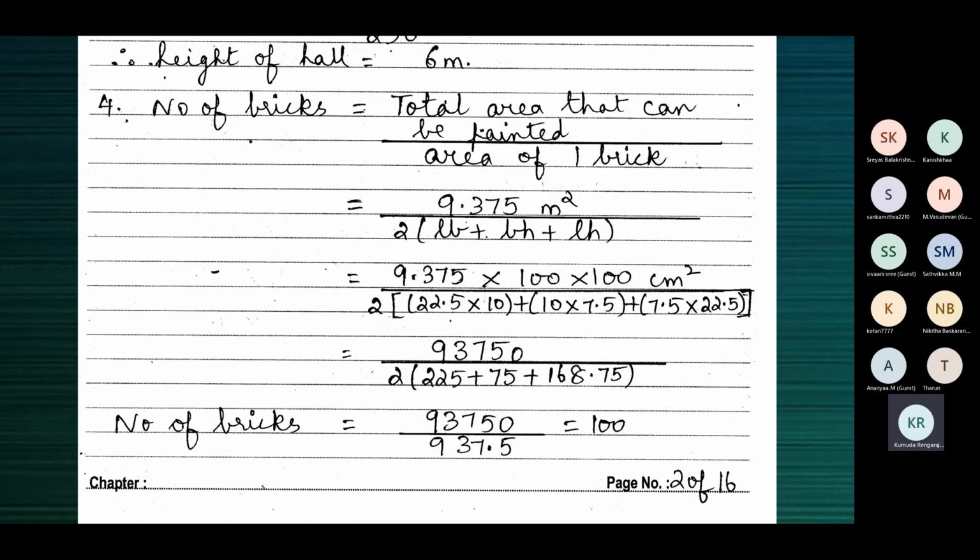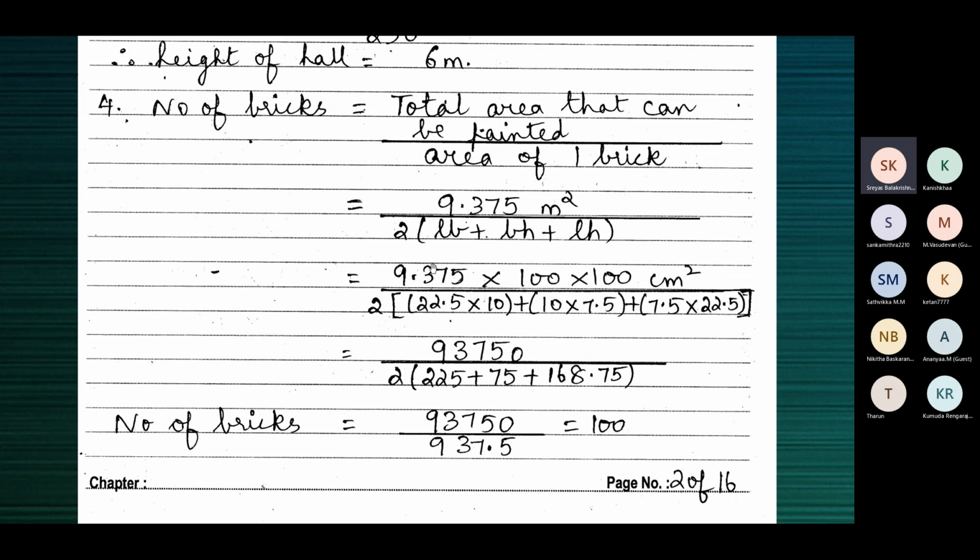Yes, Shreyas. Ma'am, in the second step, if we directly substitute the values and we get 937.5, then we are converting into centimeter square. In the third step, we are converting 9.375 into 100 into 100 centimeter square.